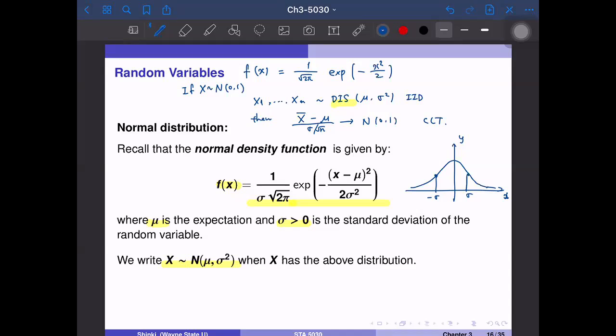So the daily return is a summation of 420 observations, and those are assumed independent because the stock market is unpredictable. So in such a case, X bar follows a normal distribution approximately.